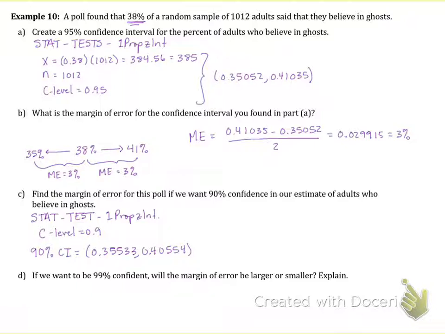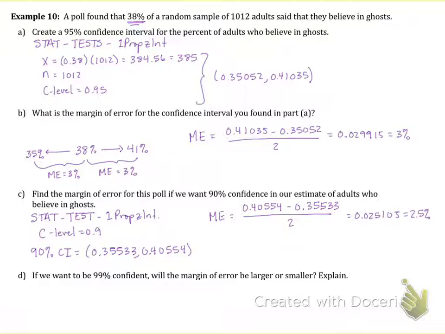So let's figure out the margin of error for this. So the margin of error, again, if we take the upper bound of our interval, subtract the lower bound of the interval, and divide by 2, you'll get a margin of error of 0.025105, which is about 2.5%.